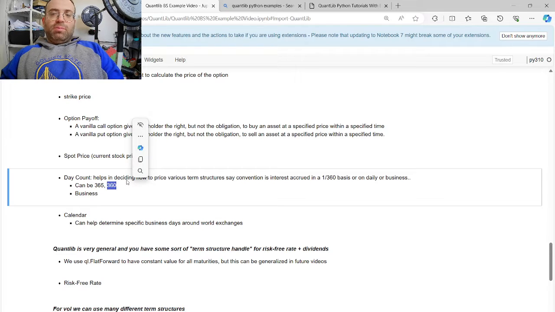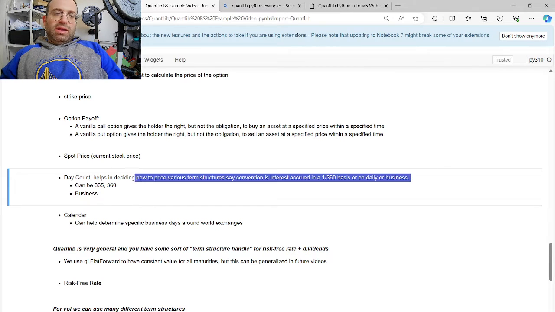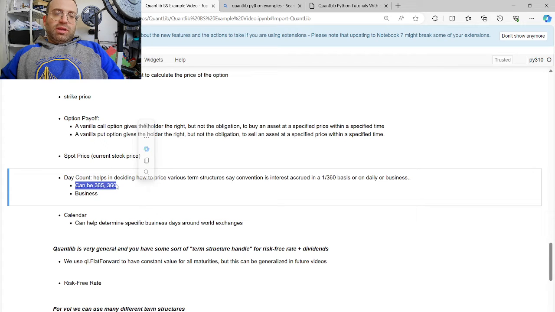Let's say for borrowing interest, I have a fee, a percent per year, and I will divide that by 360 to get the day amount, even though there's 365 days. It depends on what convention there is. Also, some things are business day accrued, but interest rates are usually 365 or 360 day accrued.